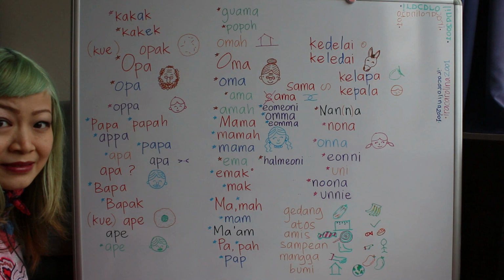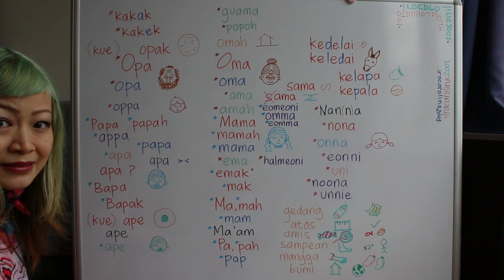Gedang in Sundanese language, or West Java, gedang is papaya. But gedang in Japanese language, banana.